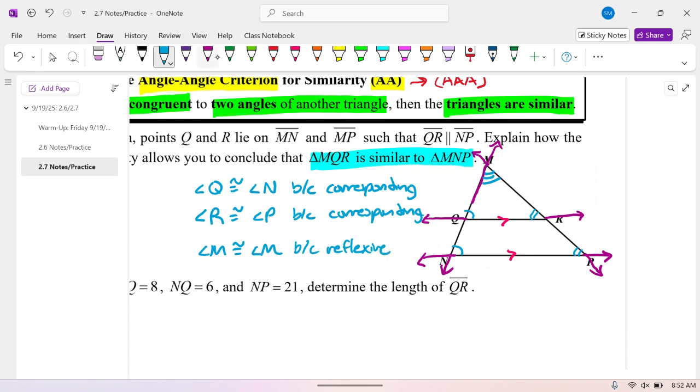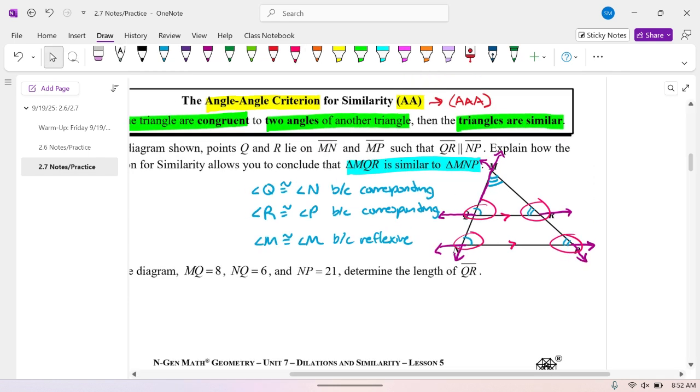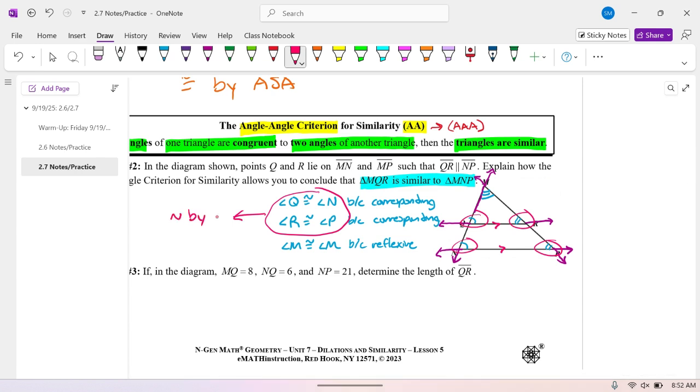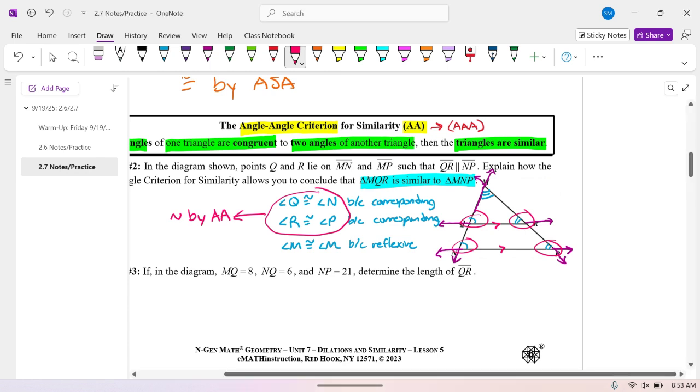But in reality, we only need two of the angles to be congruent in order for AA to be justified. So with these two sets being congruent, they are similar by AA, the angle-angle postulate.